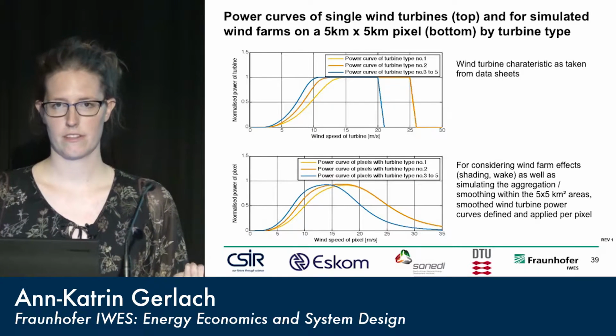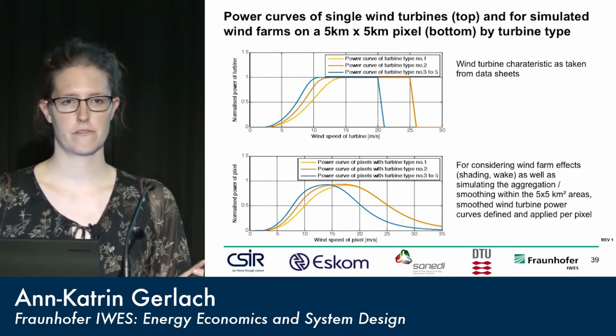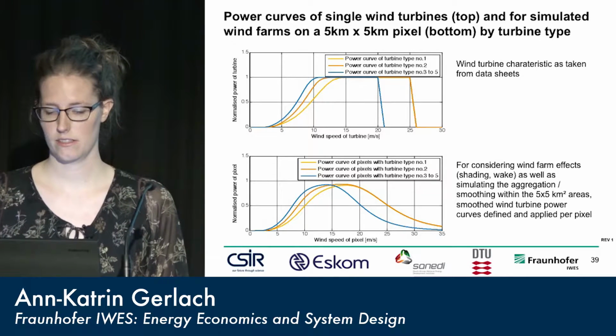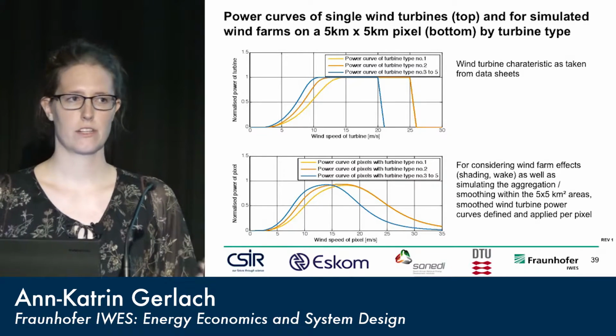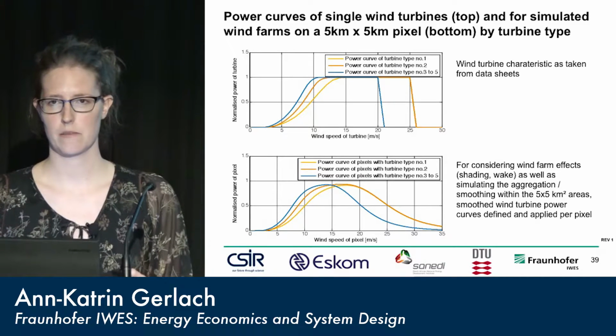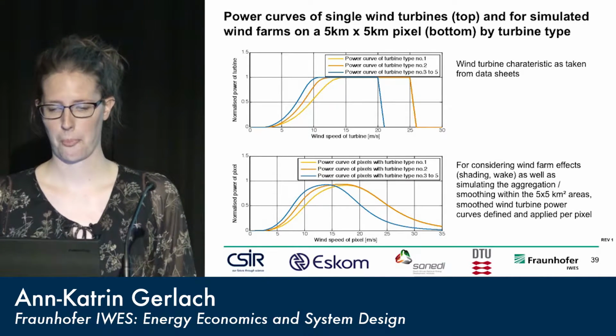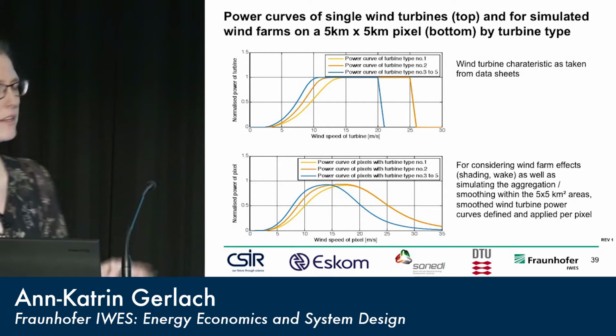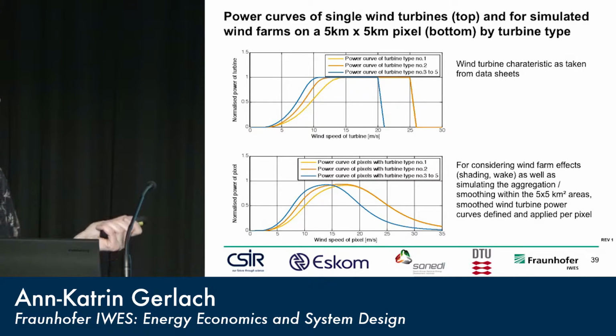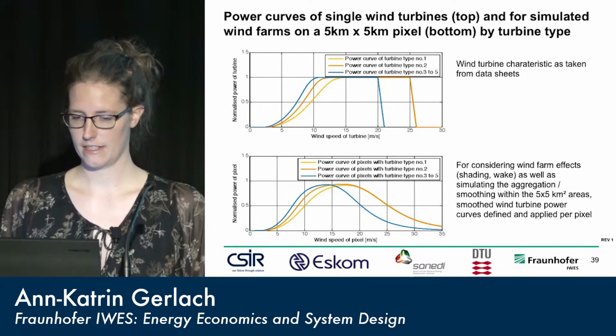Still, we have only this 5 times 5 square kilometers, and not every turbine will have the same power at the same time. So we smooth the power curves, and these are the power curves that we used finally.